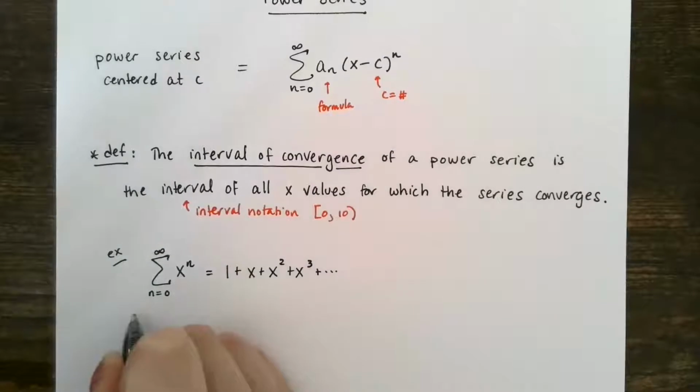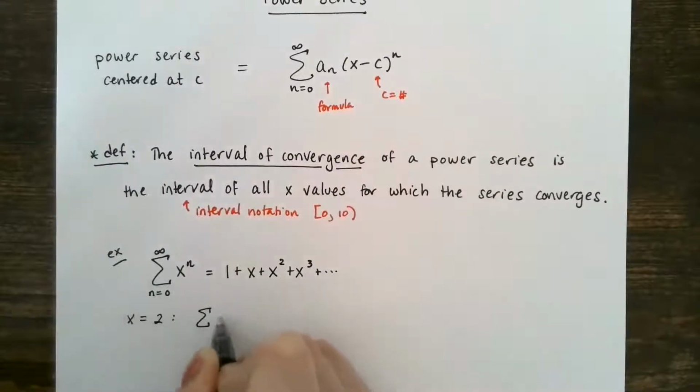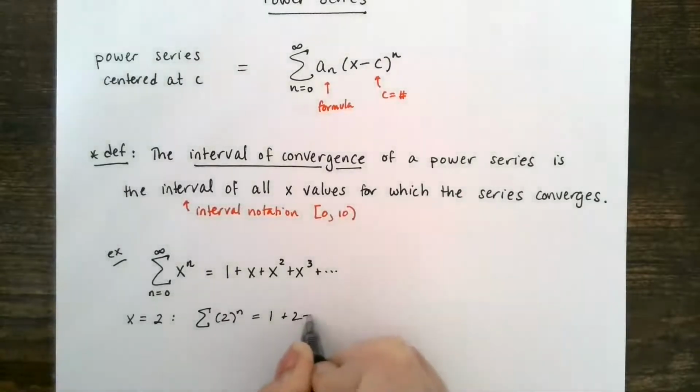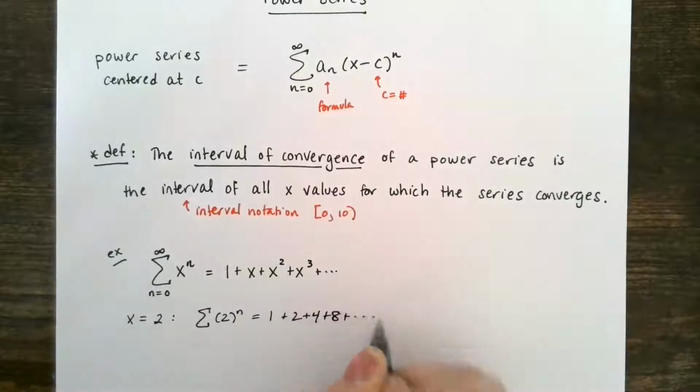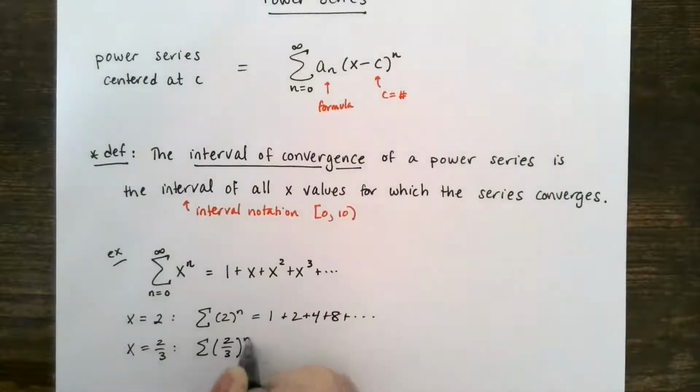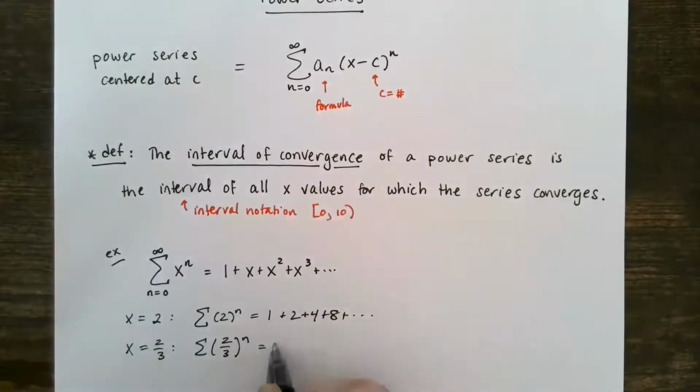So let's say x equals 2. You would have the series 2 to the n, 1 plus 2 plus 4 plus 8, and so on. Or if you have x equals 2/3, you would have 2/3 to the n. All I'm doing is plugging these numbers in for the x value up there. And this would be 1 plus 2/3 plus 4/9, etc.